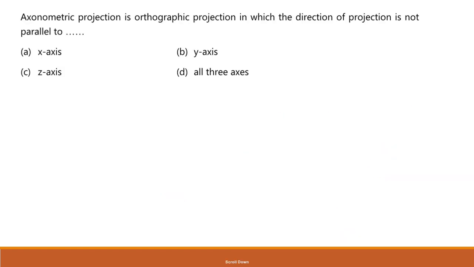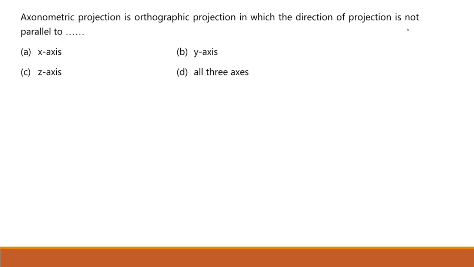Now let us see the next one. Axonometric projection is orthographic projection in which direction of projection is not parallel to. First of all, you should know the definition: axonometric is a parallel projection in which the direction of projection is not parallel to the coordinate axis.